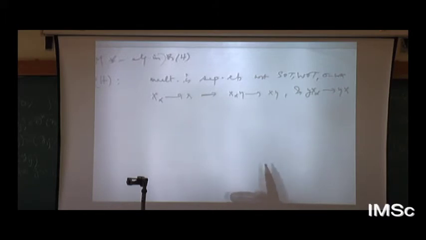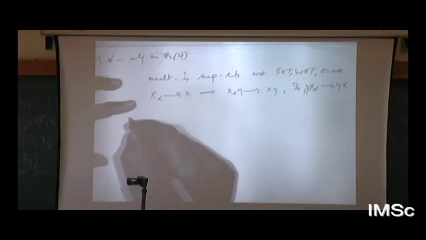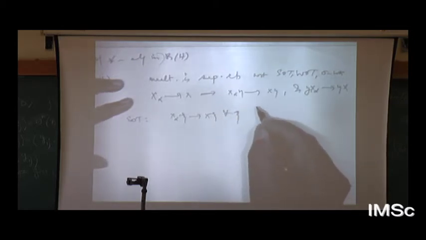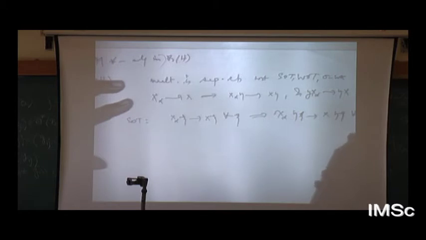Okay. If you take SOT for example, what does this mean? You're assuming that if X alpha psi converges to X psi for all psi, then you're saying that X alpha Y psi converges to X Y psi for all psi, or Y X alpha psi converges to Y X psi.